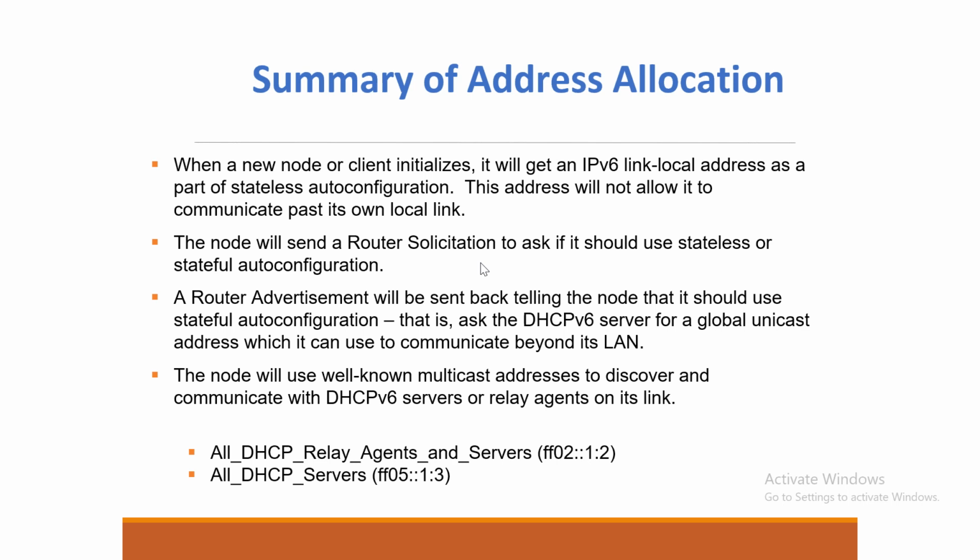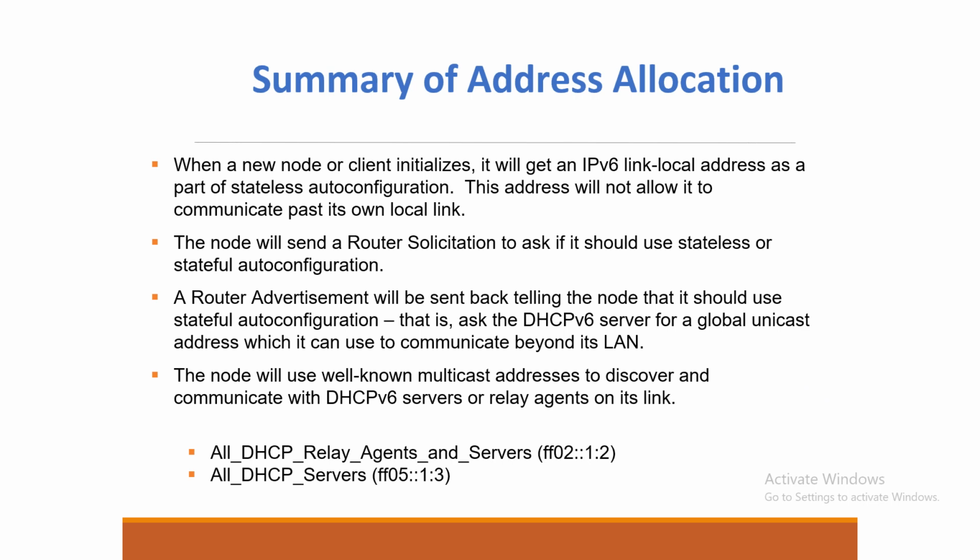So once you've got that router advertisement that says we're going to use DHCPv6 on our network, what are you going to do then? You're going to say, well, but which DHCPv6 server? How do I know? Do you actually want to hard code the DHCPv6 global unicast or link local address somewhere?